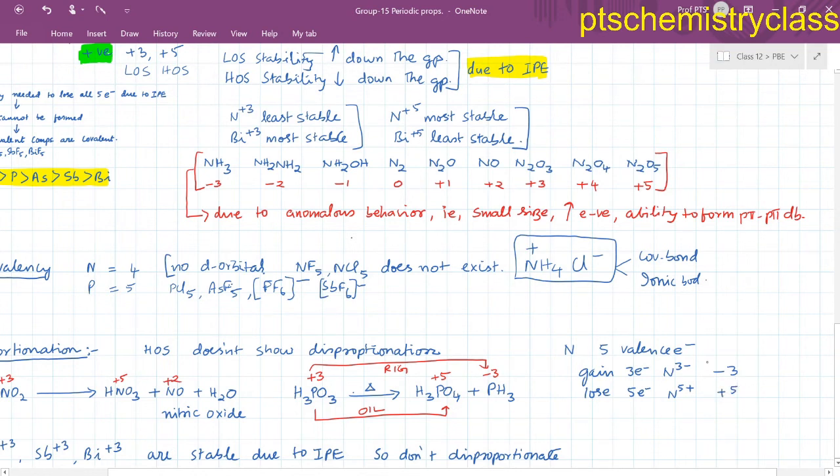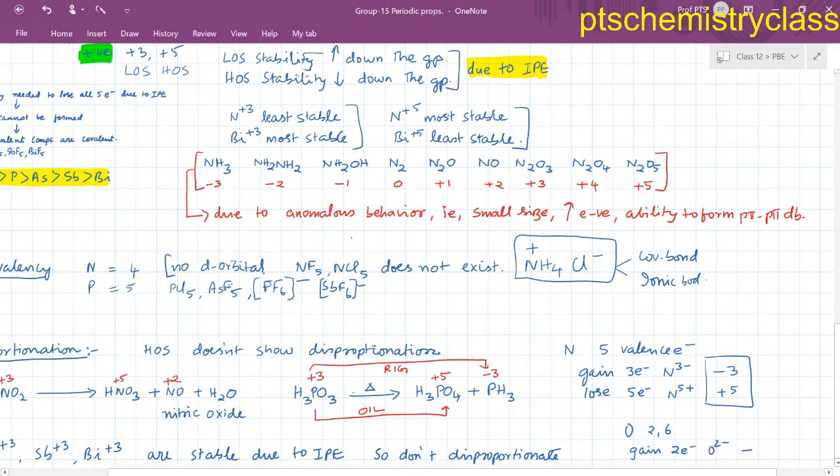Note this carefully, this is different from LOS and HOS. This applies for any element. For example, if you take oxygen, it is 2,6, right? That means it can gain 2 electrons and become O2-.